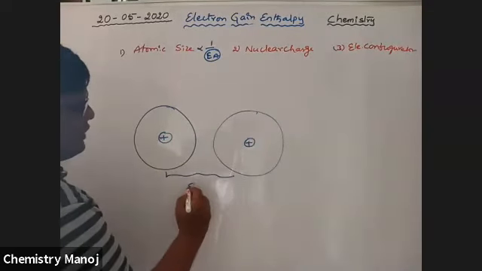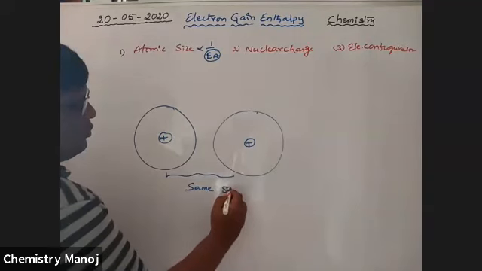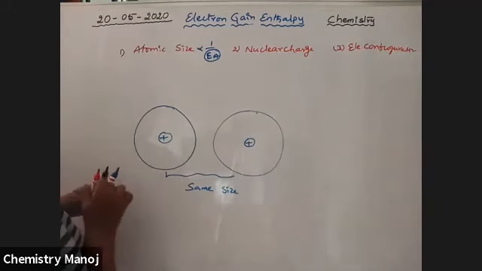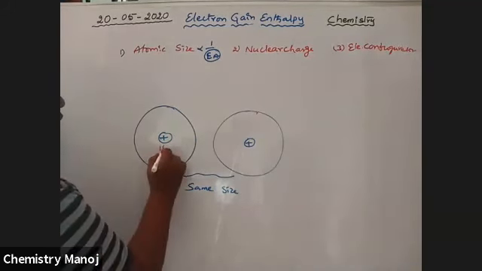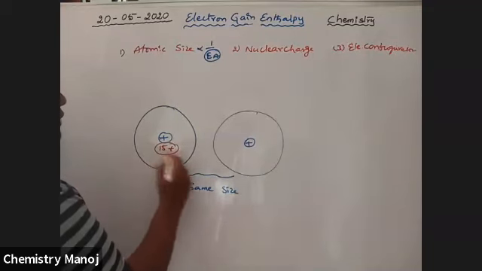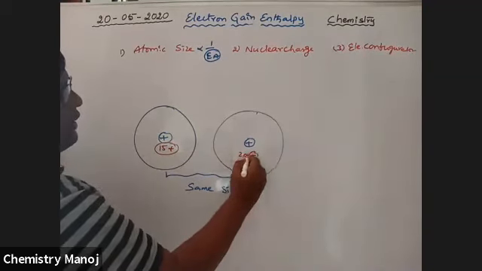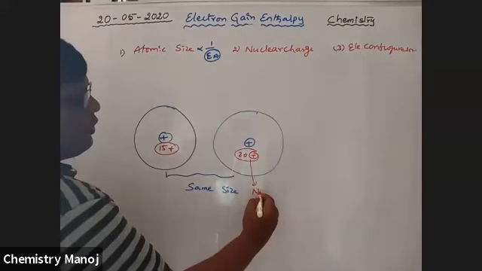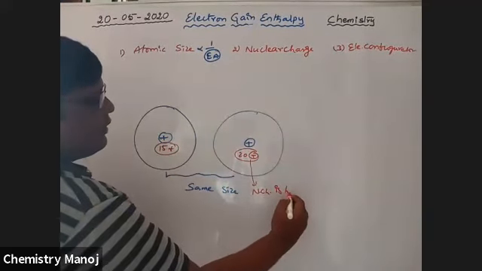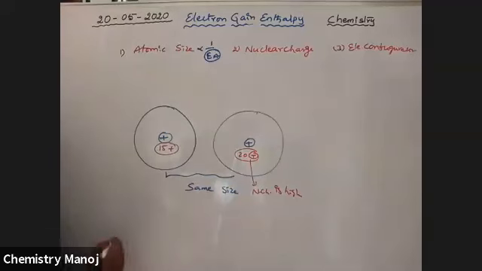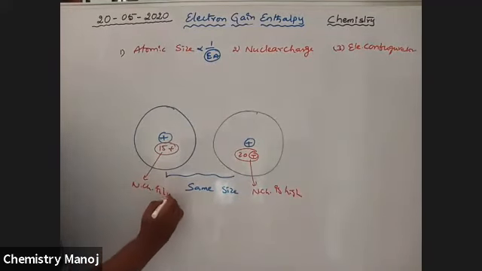Almost these two have the same size. But here 15 positive is there, and here 20 positive is there. That means here nuclear charge is higher, and here nuclear charge is lower.